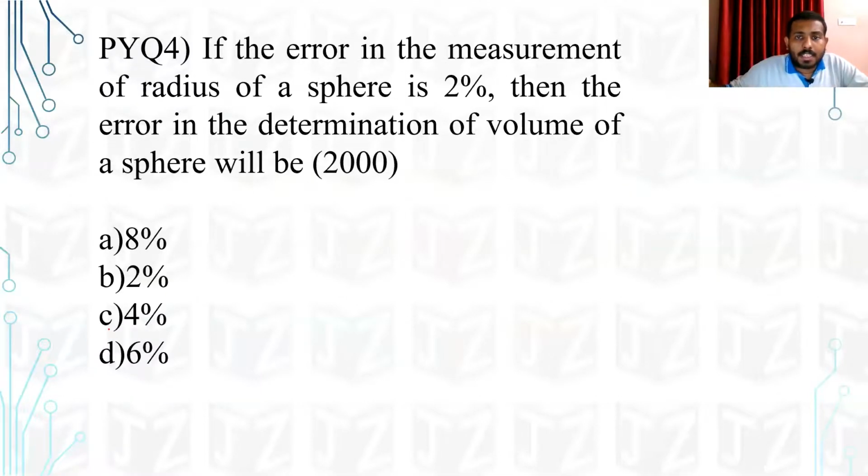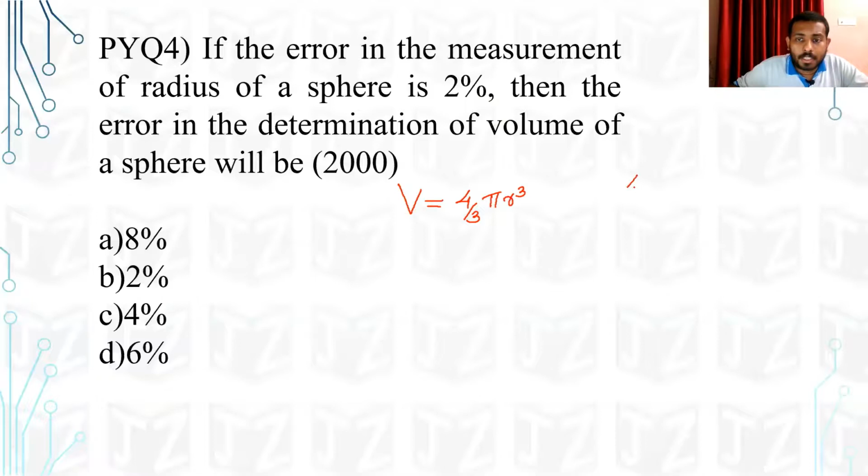The error in the measurement of radius of a sphere is 2%, then the error in the determination of volume of the sphere will be. You know that the equation for volume of a sphere is 4 by 3 pi r cube. V is the volume and r is the radius of the sphere. Then we have to find out the error in the determination of volume of the sphere.